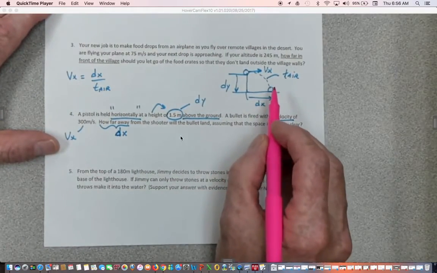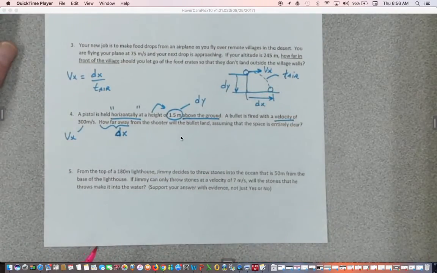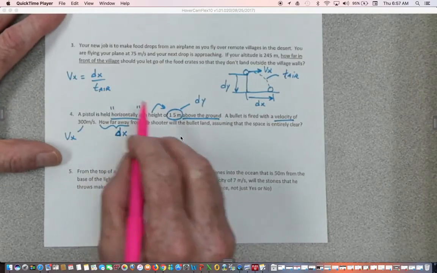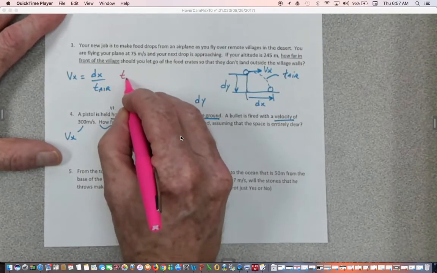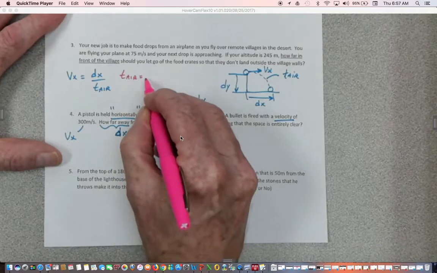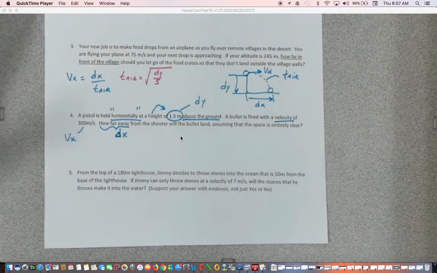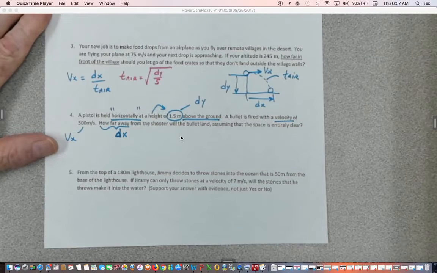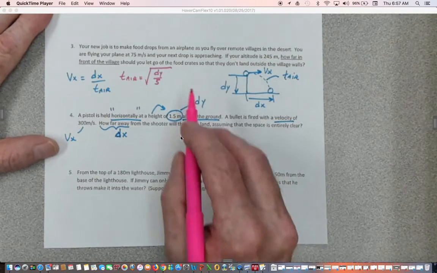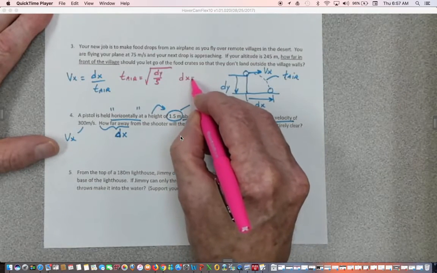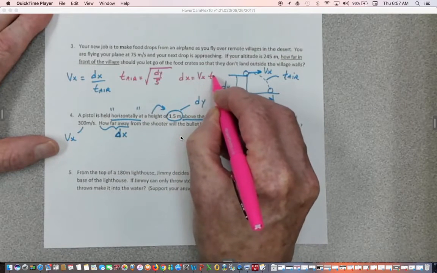Next, after you've drawn that, and I assume you've drawn it by now, you have 2 other formulas. Time in the air is obviously the square root of dy over 5. You've got to remember the square root. And then delta x is also Vx times time in the air.